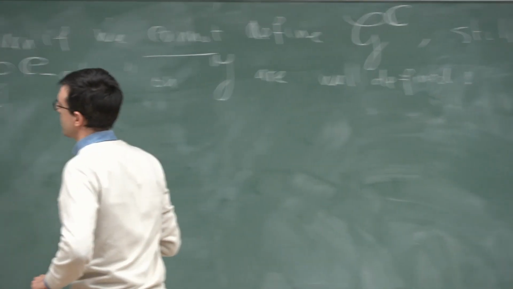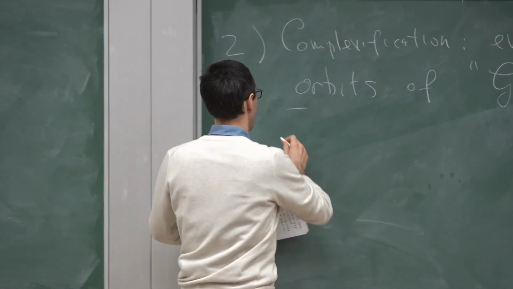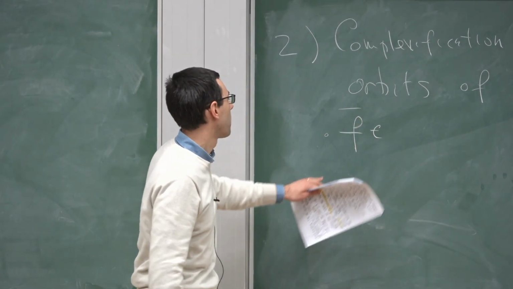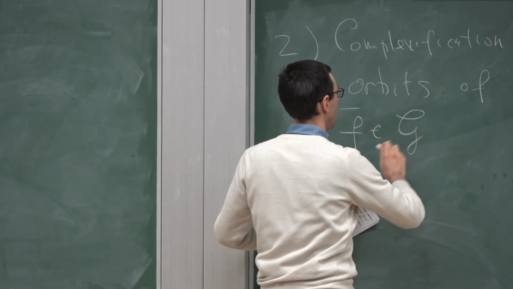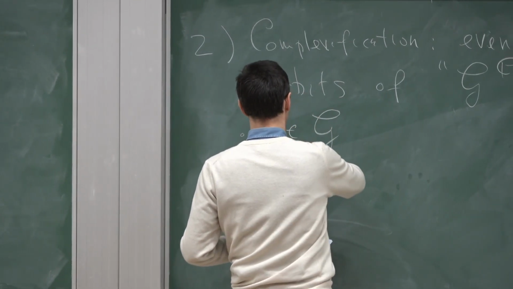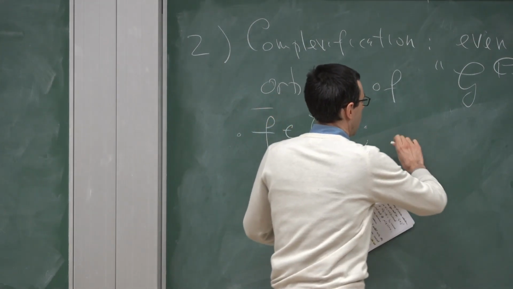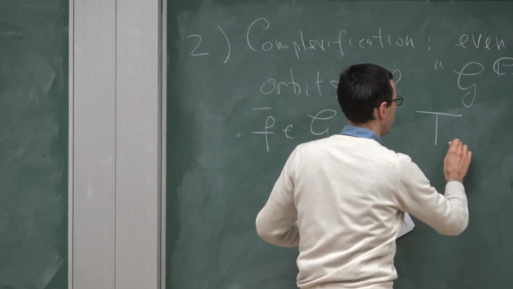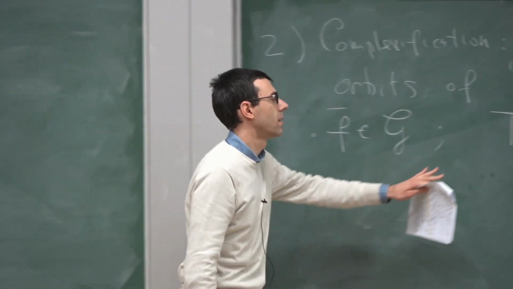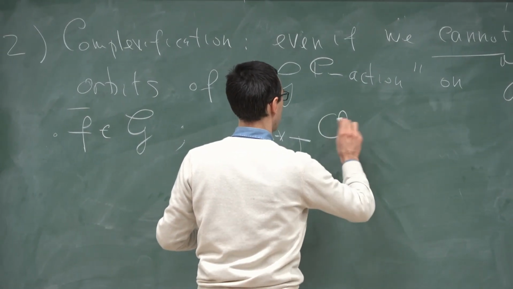So how does it work? First of all, you fix some exact symplectomorphism f. So what is the tangent space to the orbit through some j, this orbit O?